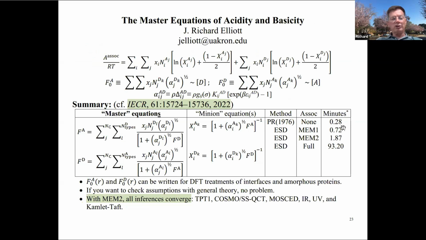And so this is my conclusion slide. I just wanted to highlight, okay, what are those master equations? And to remind you of all we really need to know to solve any problem, protein folding or whatever, polyelectrolytes, is we just need to know the donor concentration and the acceptor concentration, and then everything else comes out.